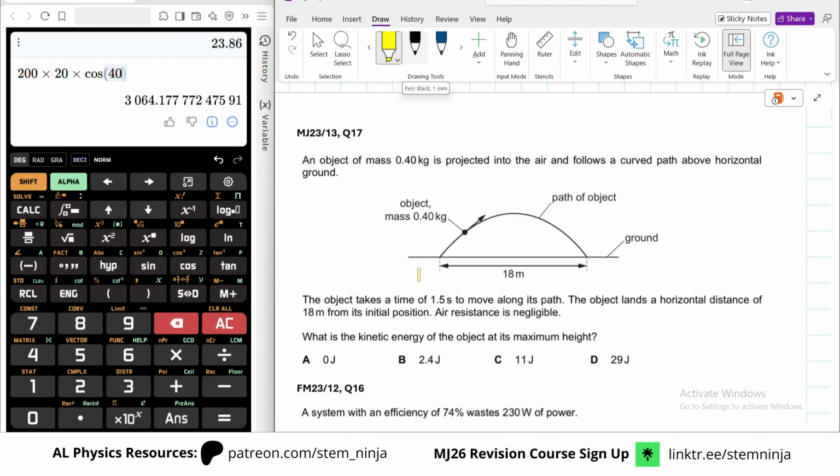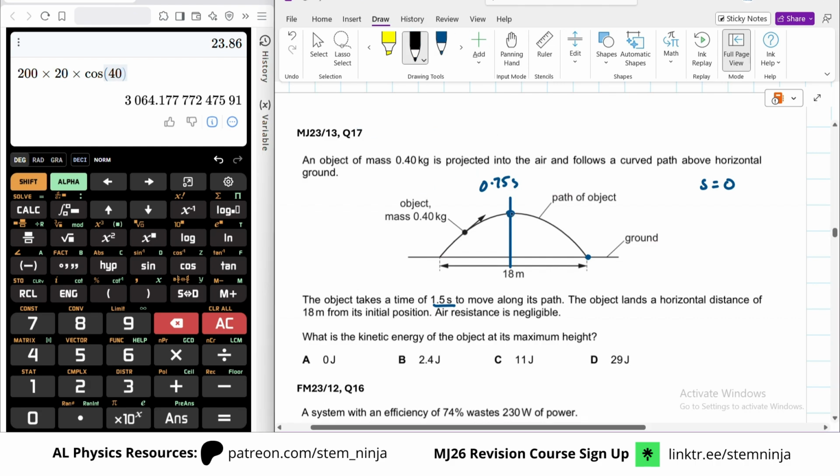It is landing at the same level, so the net vertical displacement is 0, and the highest point will be exactly half the total time. So at 0.75 seconds it will be at its maximum height. Furthermore, the kinetic energy at its maximum height is just due to its horizontal velocity.